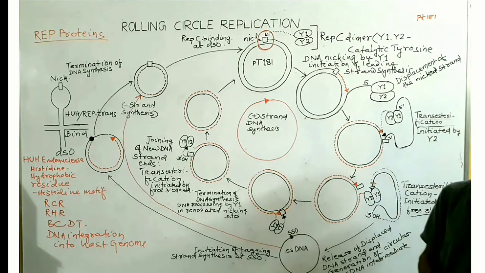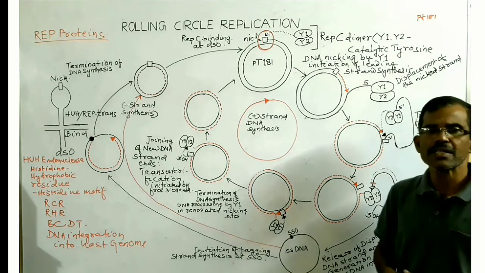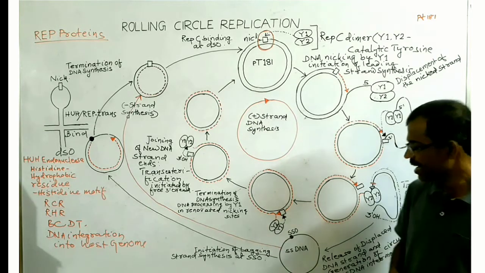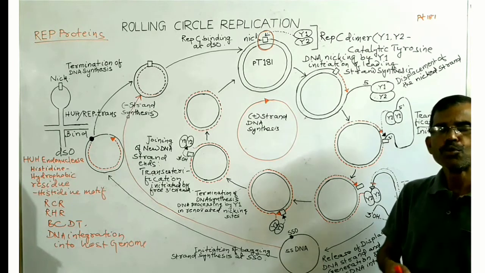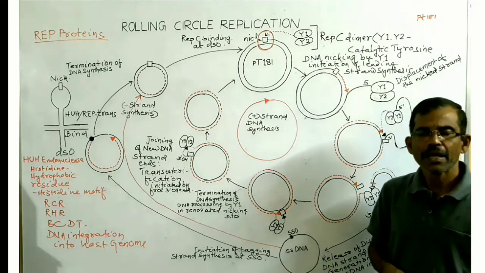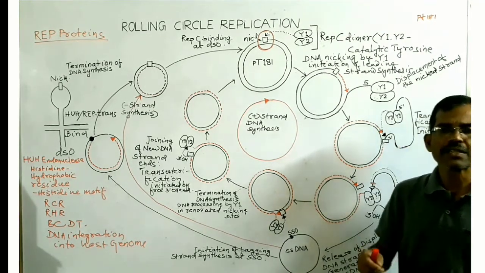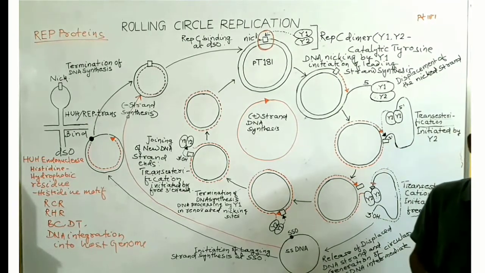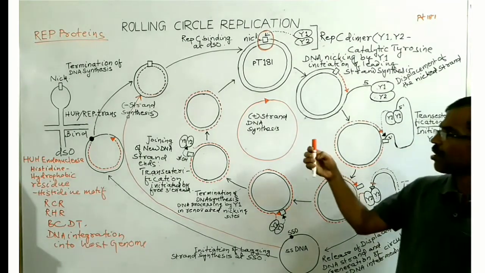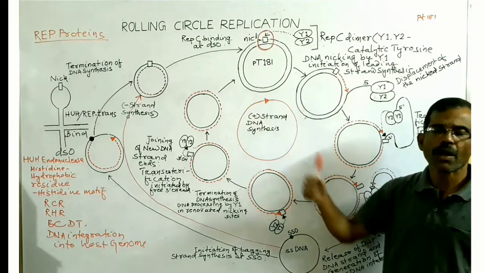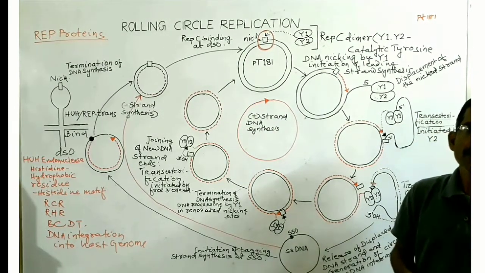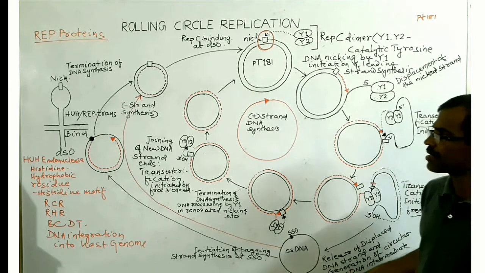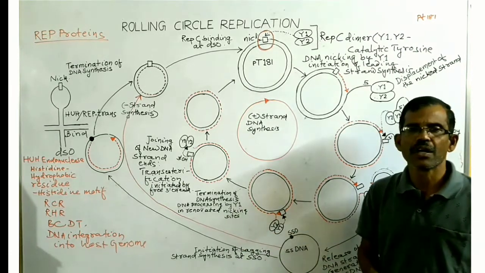The function of primase is to synthesize RNA primer. Starting from SSI, the primase moves along the DNA and periodically synthesizes RNA primer. Whereas in case of the plasmid PT181, a single primer is sufficient to continue the synthesis of the lagging strand.